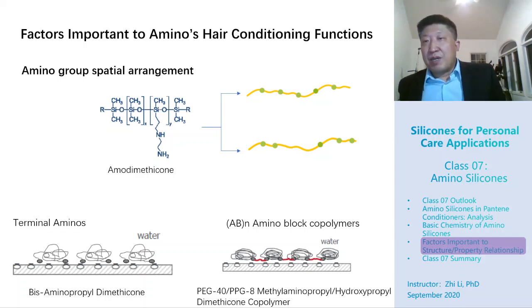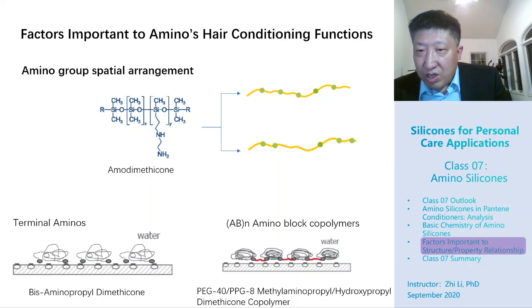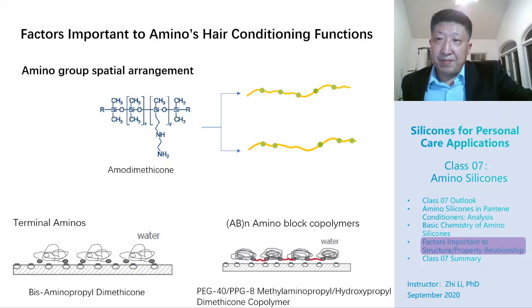Another thing about the silicone quaternium-26 is it's an ABN type of block copolymer. I show a structure here from Momentive: the silicone chains have very short linkages between blocks, and each linkage comes with a positive charge. This is something that's been sold by suppliers, especially Momentive.